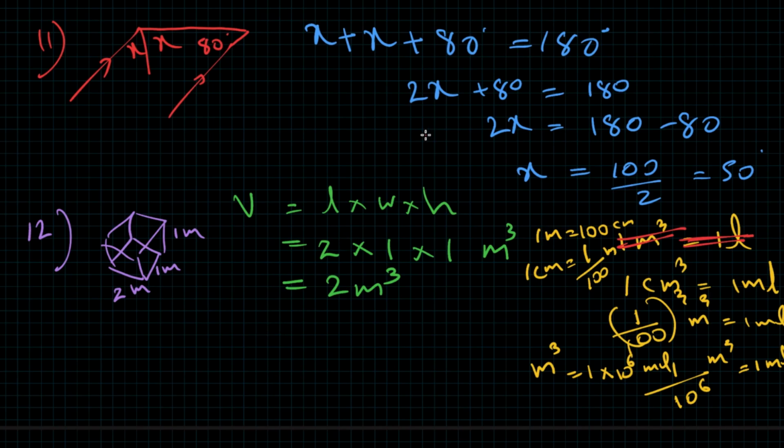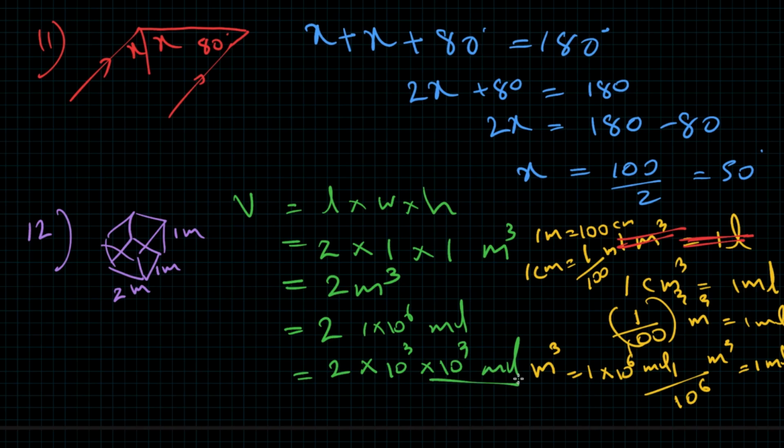Now if I substitute what we have figured out, instead of cubic meters we can write 1 into 10 to the power 6 milliliters. So 2 cubic meters is 2 into 10 to the power 6 milliliters. 10 to the power 3 milliliters is 1 liter.